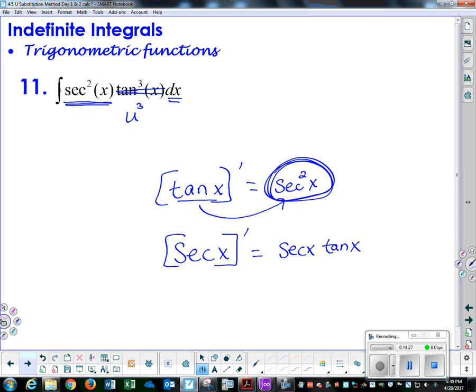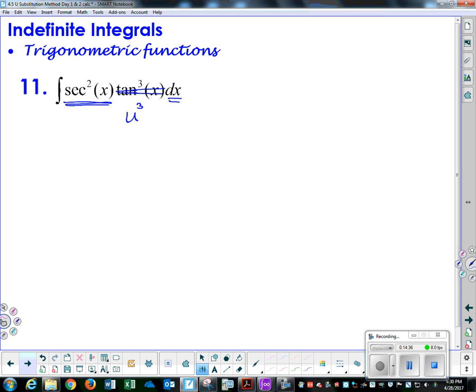Secant squared. So you've got to do a little bit of forward thinking. Otherwise, just guess what your u should be. Try it out, run it through the paces, see if it works. If it doesn't, select something else. No harm done. All right, we're taking our best guess. We're saying, hey, I think things are going to pan out nicely if I set u equal to tangent x.